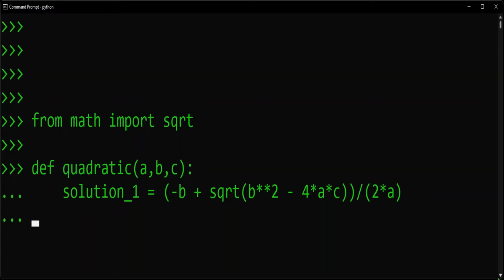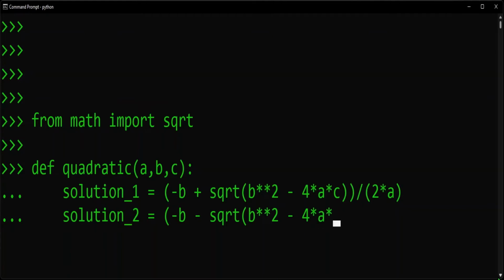All right, and now solution 2 will be negative b minus square root b squared minus 4 times a times c, and all of that over 2a.